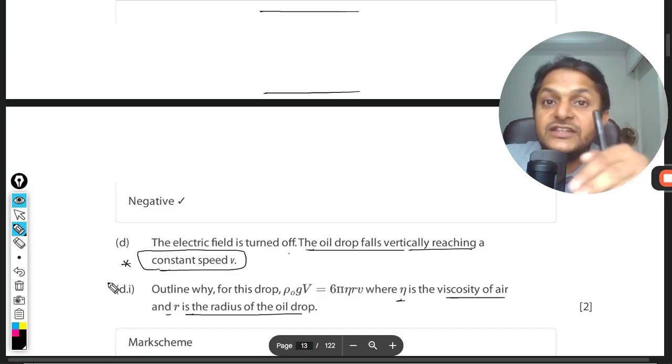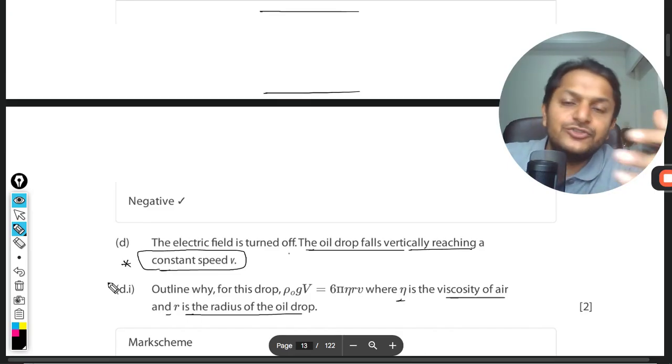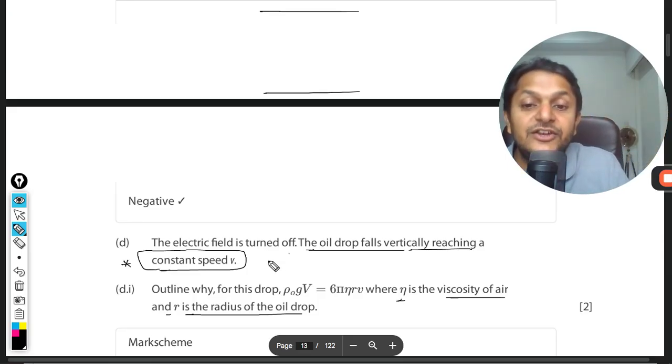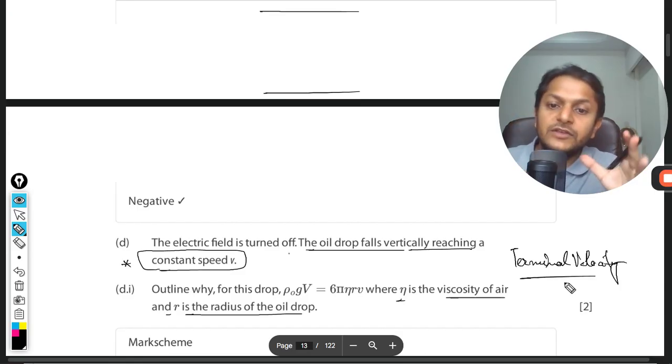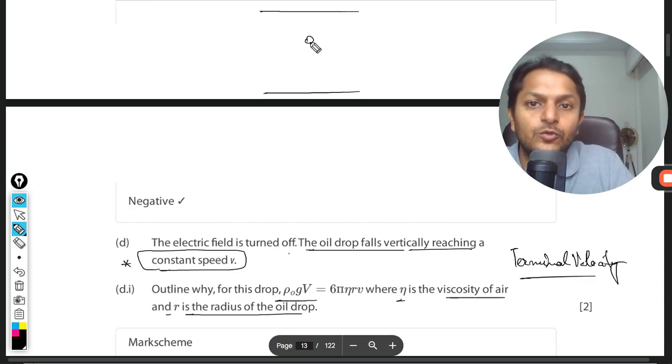But if the weight is the only force, then the velocity will always be increasing because acceleration due to gravity will be there. But it is reaching a constant speed. It means they're literally talking about the terminal velocity. Now, rho naught g capital V is the weight which is acting downwards.